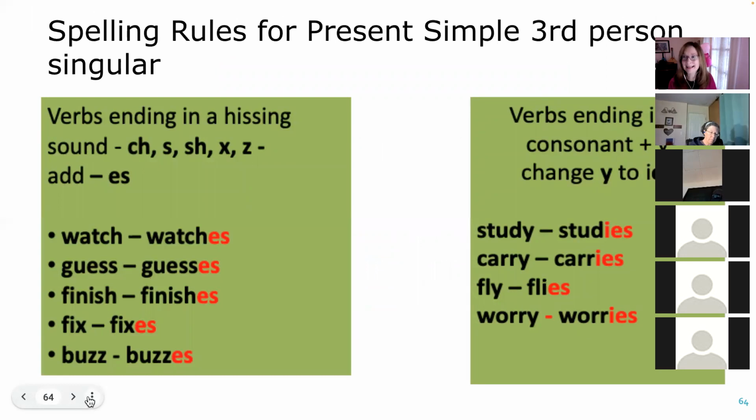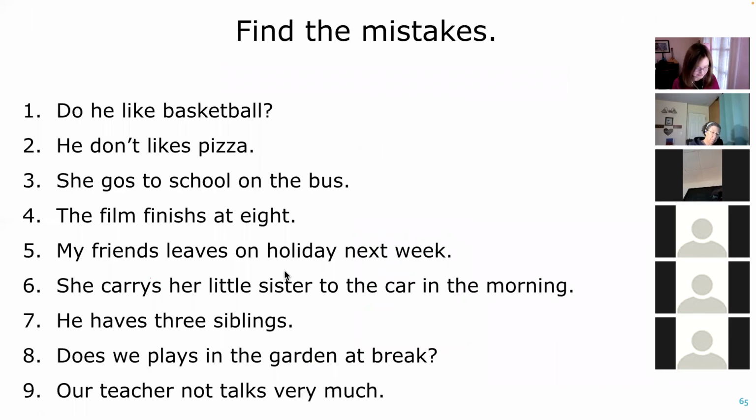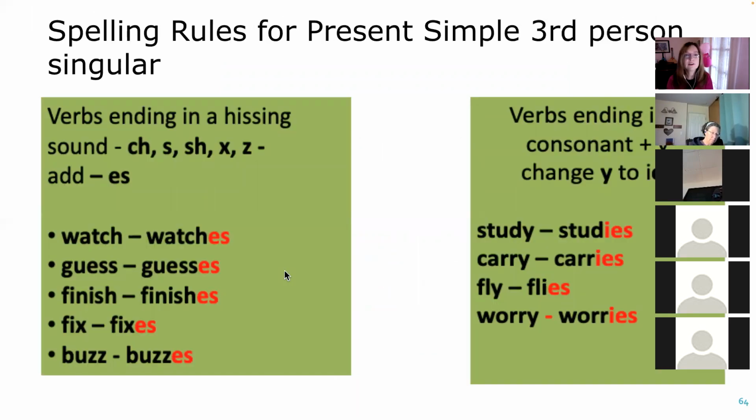Now the spelling of the third person singular, the rule I give is that if the verb ends in a hissing sound, so sh, ch, s, x, z, those are the hissing sounds, we will add es in the simple present third person singular. For example, the word watch has a sort of hissing sound at the end.